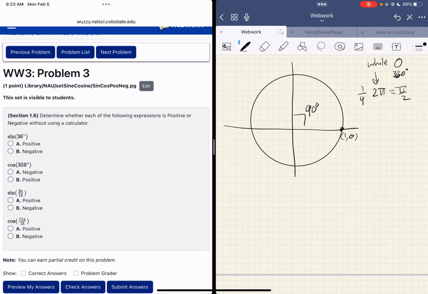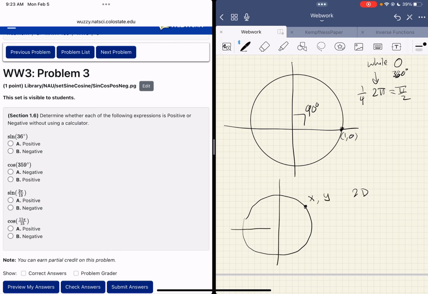This is 1, 0. Now, there's a lot of stuff that goes in circles in life, and you could imagine that it'd be useful to describe position on, say, a two-dimensional thing in terms of x and y coordinates. That could be very useful.